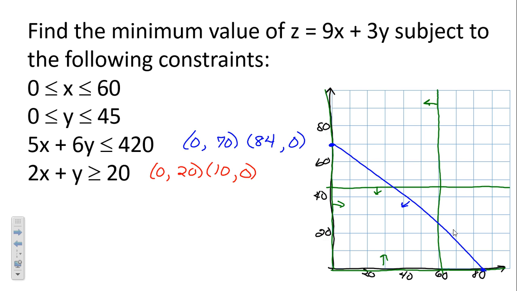Now, plotting our red line, 0, 20, 10, 0. We have this itty bitty little line right here. So we need to find out if 0, 0 is going to satisfy this inequality, and it's not. So we don't want to go in the direction of 0, 0. We want to go away from 0, 0.